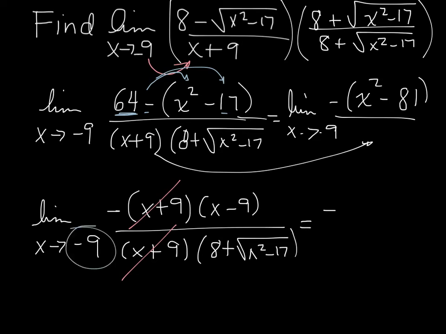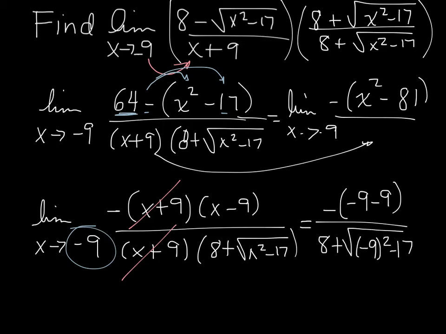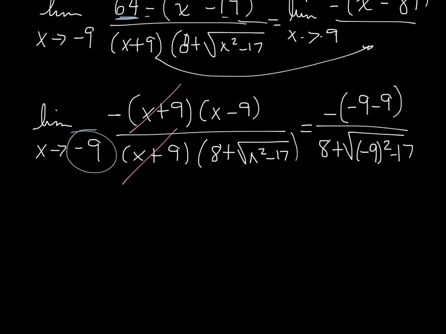So I'm going to have this minus negative 9 minus 9 over 8 plus square root of negative 9 squared minus 17. So up top, I'm going to have negative 9 minus 9, which is negative 18, and that negative out front is going to give me a positive 18.